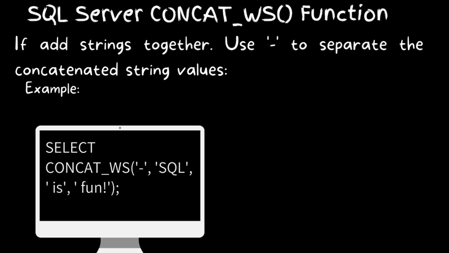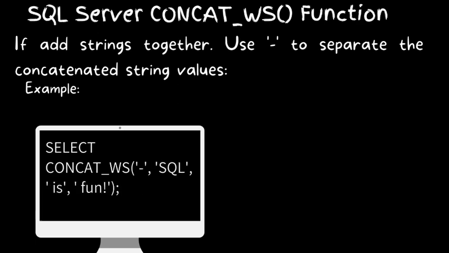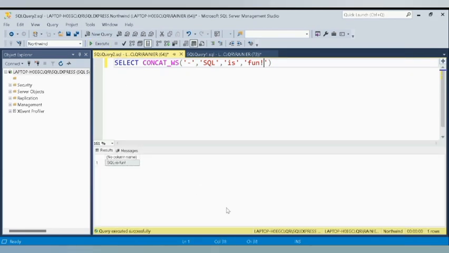For an example, CONCAT_WS('-', 'SQL', 'is', 'fun'). Select CONCAT_WS open parenthesis, the dash operator, SQL as a string, is as a string, and fun as a string, then execute, and the result will show the dash will be in the middle of every string that we added together.